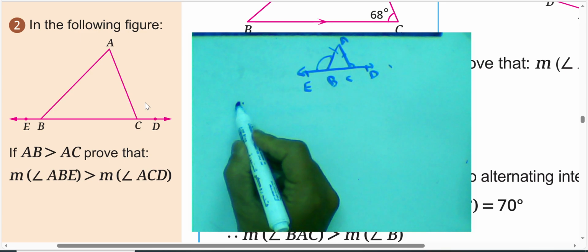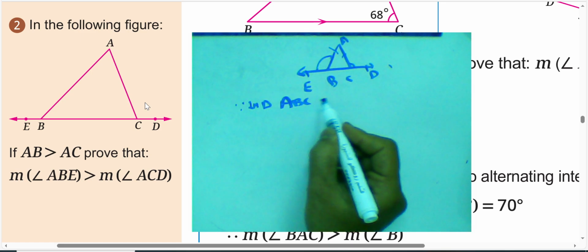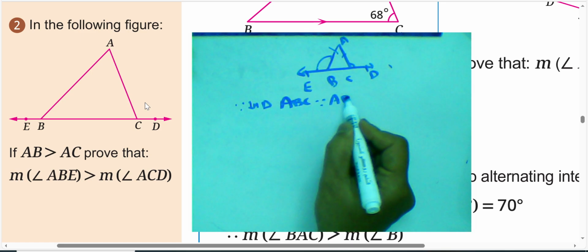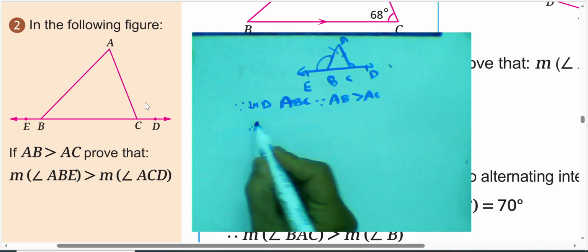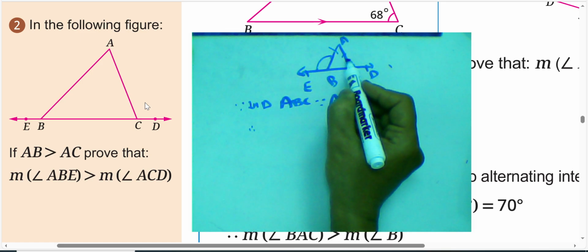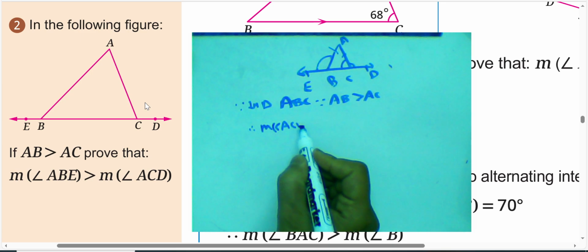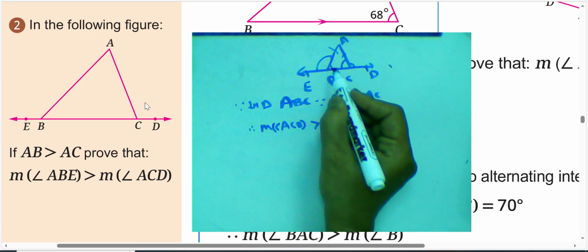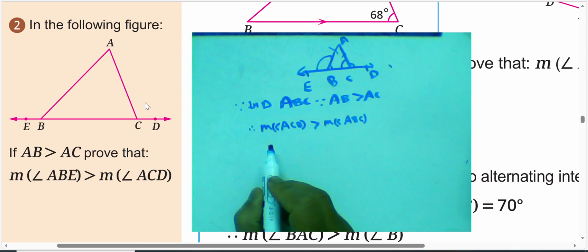So first step, you can write in triangle ABC such that AB is greater than AC. Then the opposite angle, angle ACB, is greater than the measure of angle ABC.